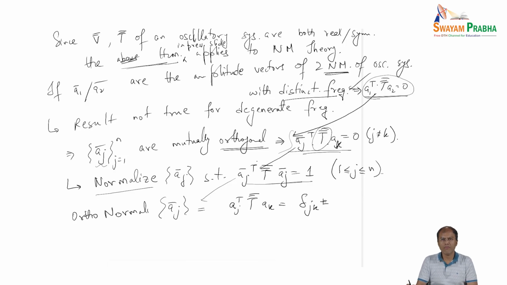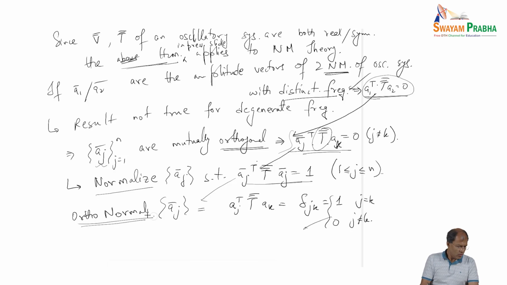Delta function will be 1 if j is equal to k, and 0 if j is not equal to k. So this is the orthonormal criteria.